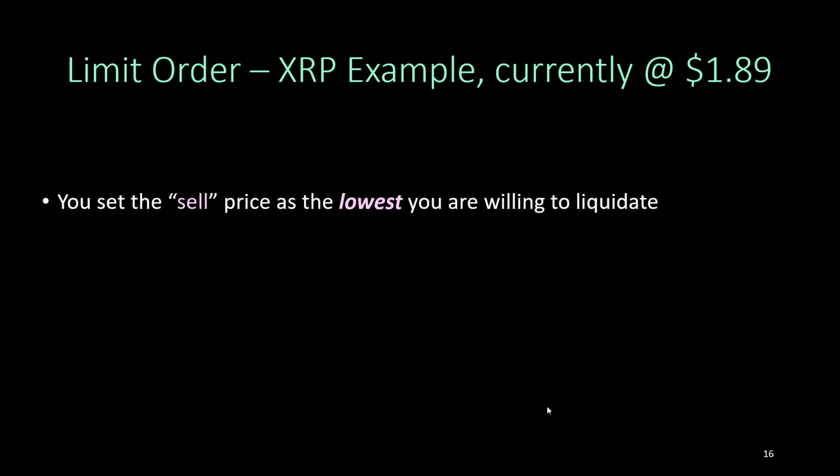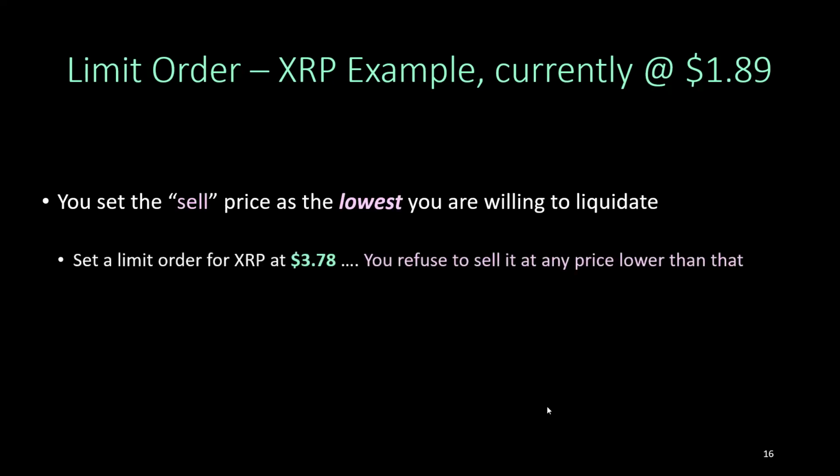And you see 1.89, you may have a higher price than that. So you can set a limit order for XRP at, let's just say, $3.78, and you refuse to sell it at any price lower than that. So if XRP hits 3.77 and then drops 20%, that limit order does not get executed because it did not hit the price that you signified was your lowest selling point.